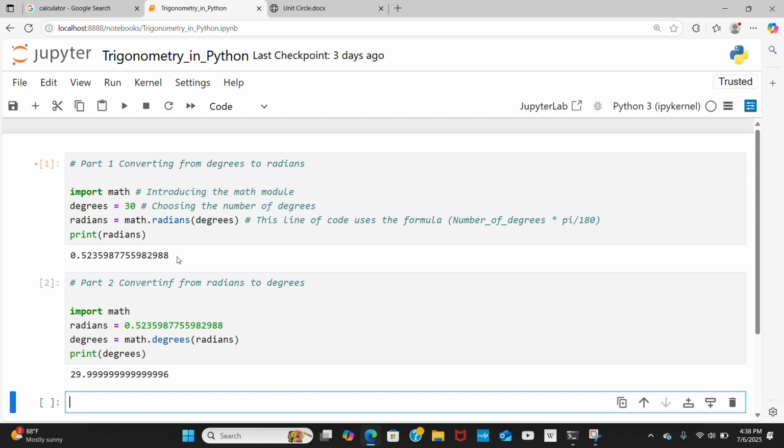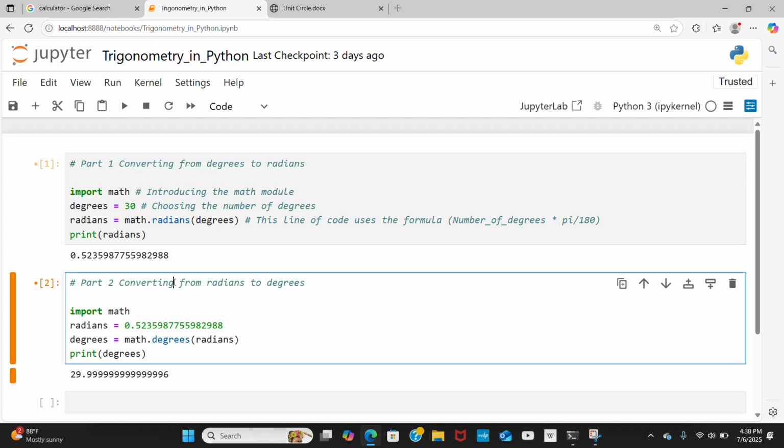And this is basically what we're going to be doing from degrees to radians or radians to degrees. So for review, I'm introducing the math module. I'm choosing the number of radians.